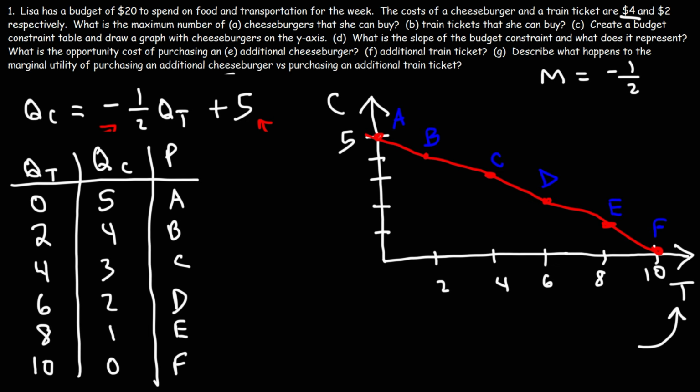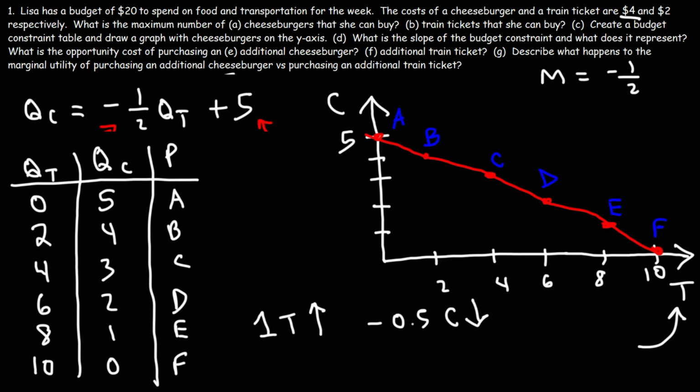So in this case, the opportunity cost of a train ticket is -1/2. That is, if you wish to purchase an additional train ticket, you have to give up half of a cheeseburger. So increasing the number of train tickets by 1 means that you have to lose half of a cheeseburger.